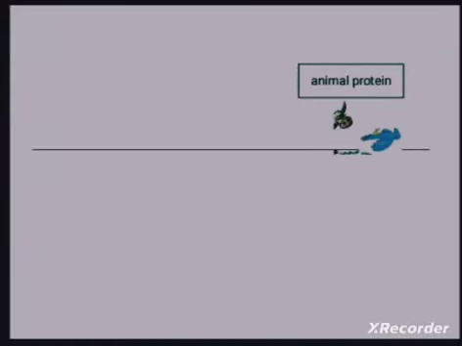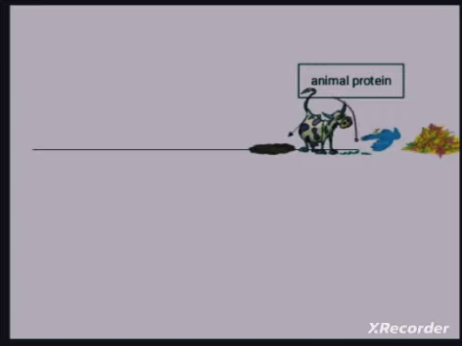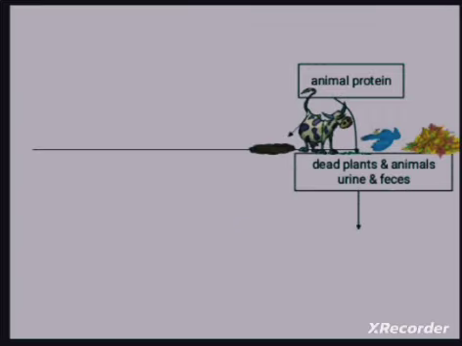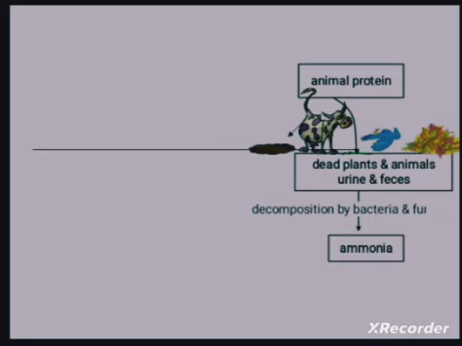Animal proteins. What happens with animal proteins? In the fourth cycle, which involves animal proteins, plant and animal waste such as urine and feces is acted on by bacteria and fungi, which play a very important role in converting the nitrogen into ammonia.